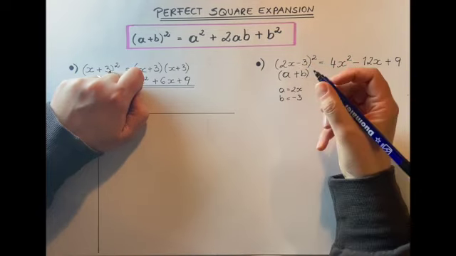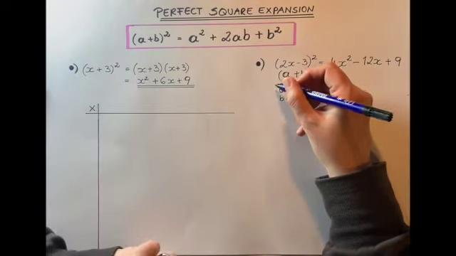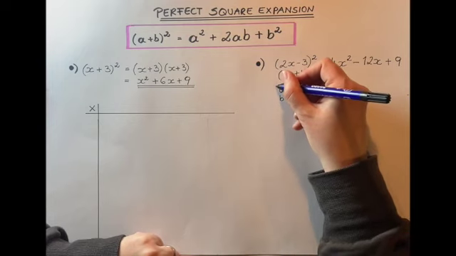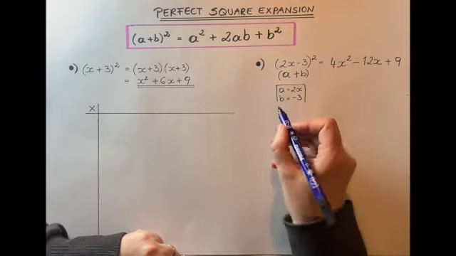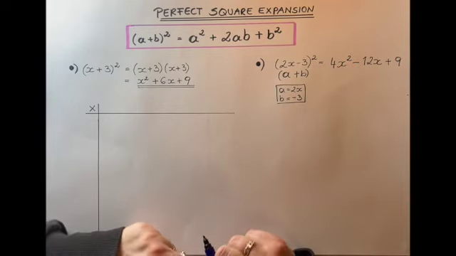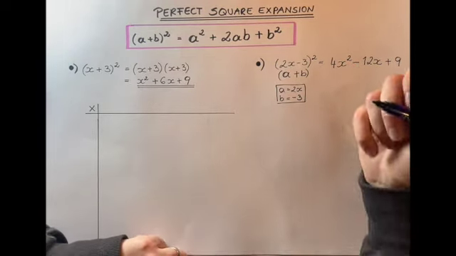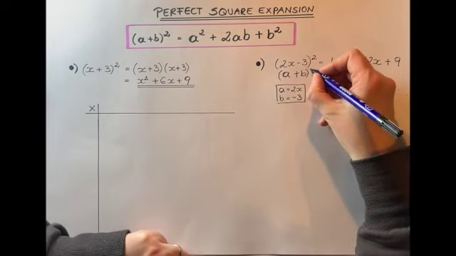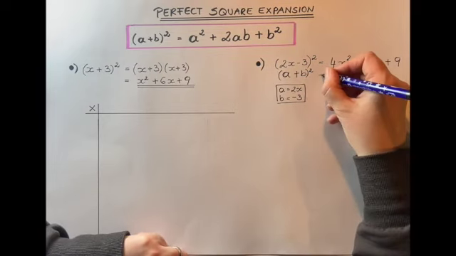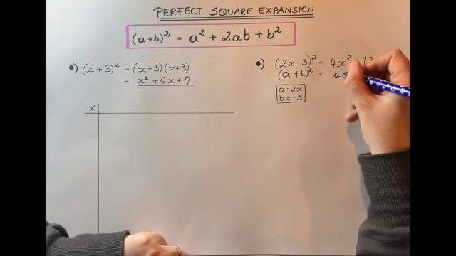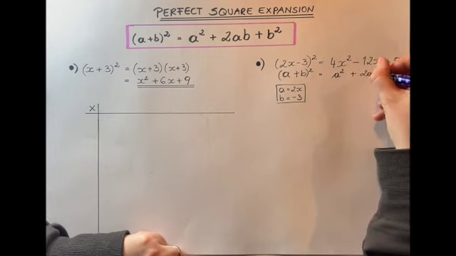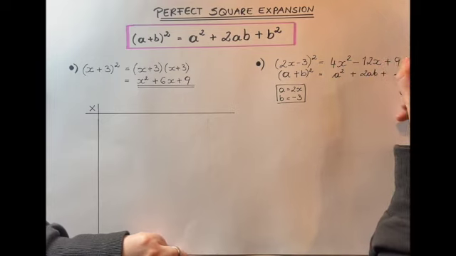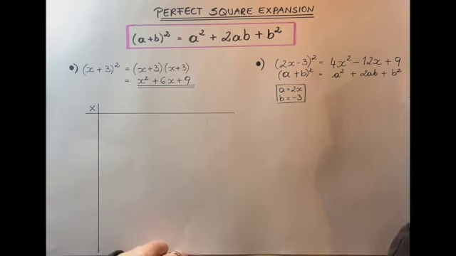You need to take the right one, whether it's positive or negative. Our law says that a plus b squared is equal to a squared plus 2ab plus b squared.